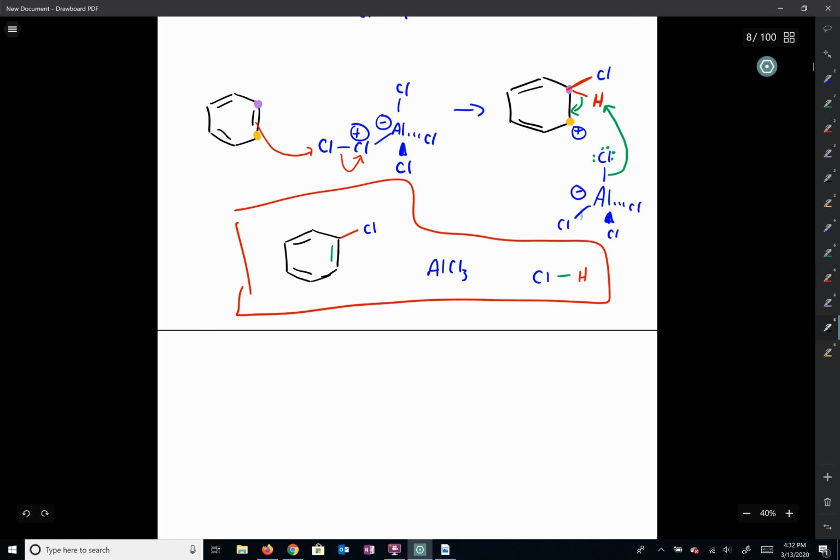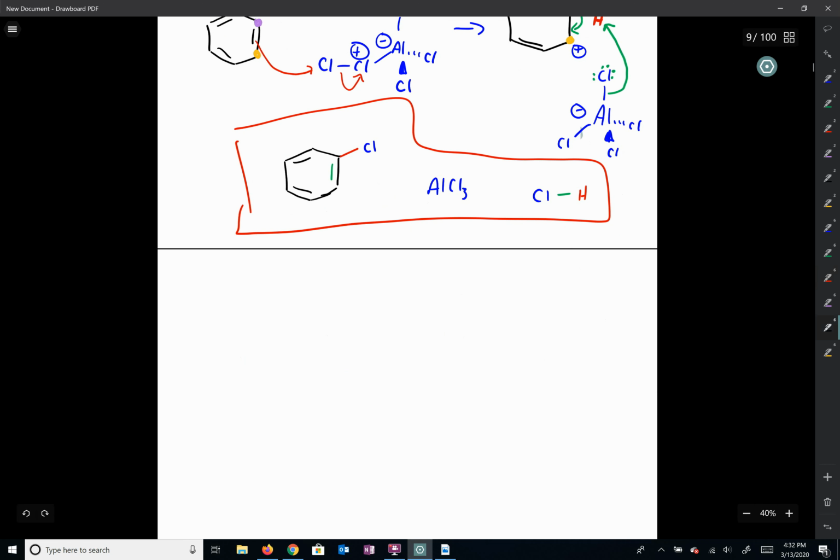A couple of notes about all this. We can use a number of different catalysts. We can use FeCl3, AlCl3.